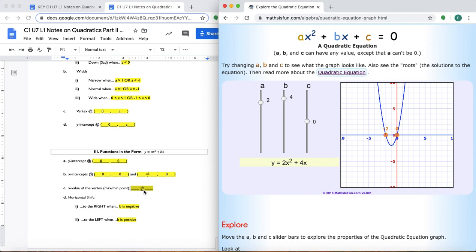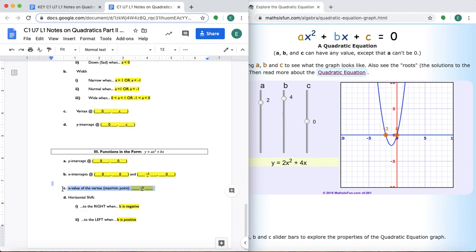It's the opposite of b divided by 2a. Opposite of b is -4, divided by 2 times a, which is 2, so divided by 4. -4 divided by 4 is -1, and that gives us our -1 x value. This piece right here, I want you to maybe try to see if you can make a connection, but we're going to dig deeper into that later on in Core 2.